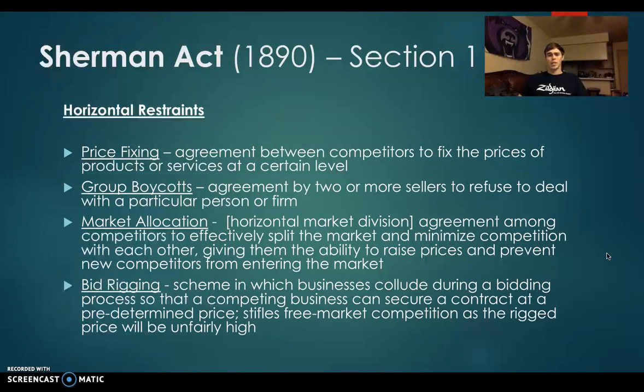So for example, let's say UCA wanted to build a new dorm. A lot of times when a university wants to build a new building, they'll invite these big contractors to submit bids. That way they can pick the lowest price to get the job done.